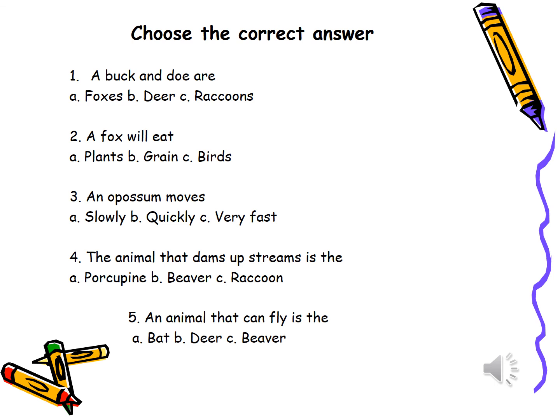Number 5, an animal that can fly is the A, bat, B, deer, or C, beaver. There are other comprehensions for extension work at the end of the lesson, grade 2s.